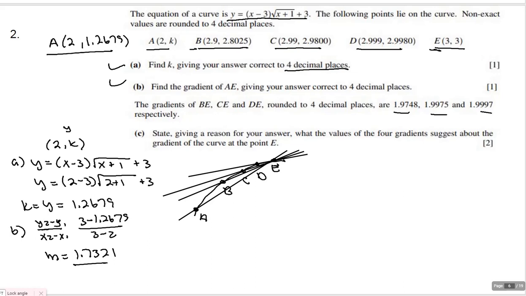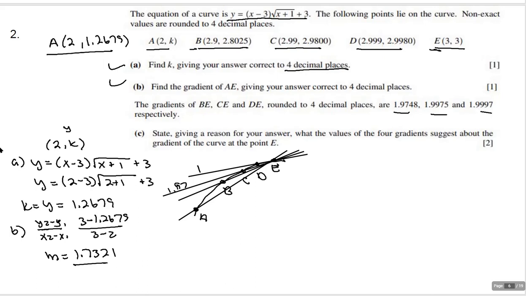Now what they want to know is, based on this slope is 1.7, this slope is 1.9, 1.97, and then 1.99. Do you see? It's getting closer and closer.